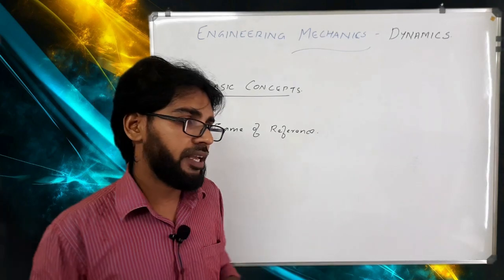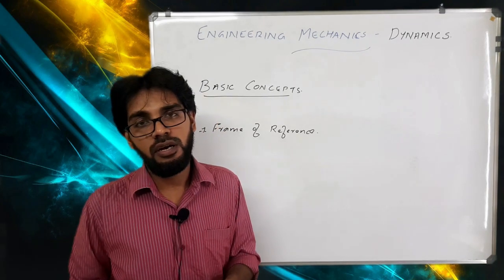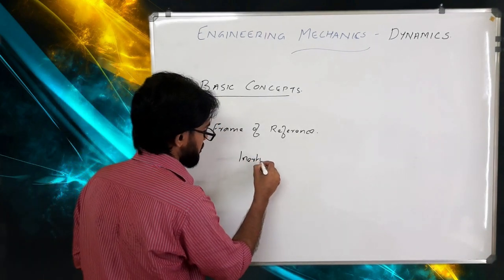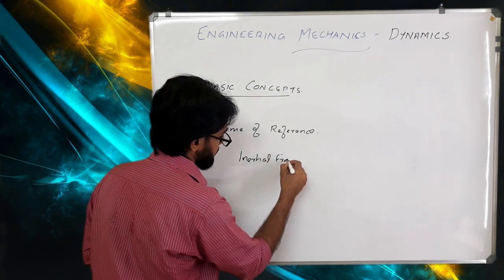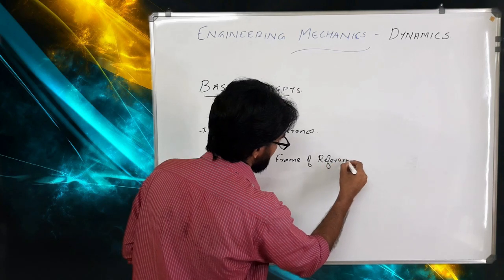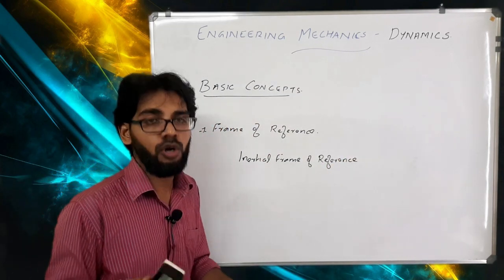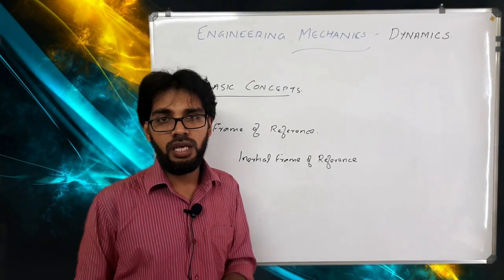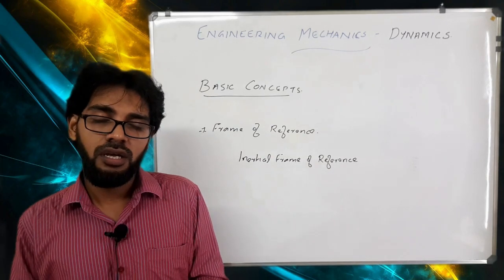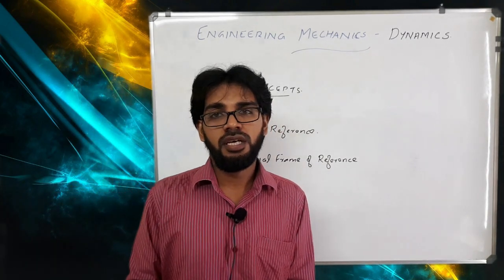So, in Newtonian mechanics, there exists a frame of reference called the inertial frame. The inertial frame of reference, or sometimes referred to as the Newtonian frame of reference or the Galilean reference frame, in which Newton's laws of motion are valid with sufficient degree of accuracy.